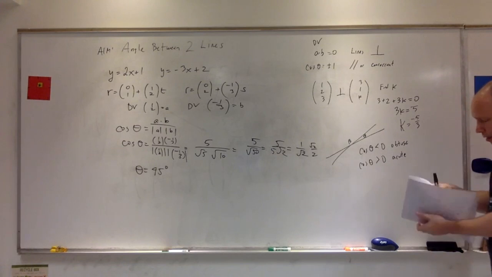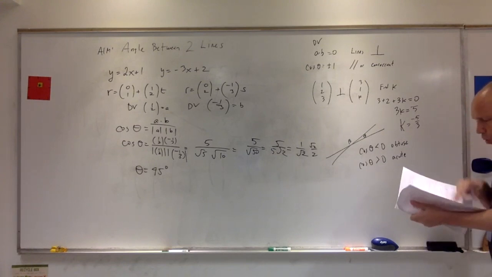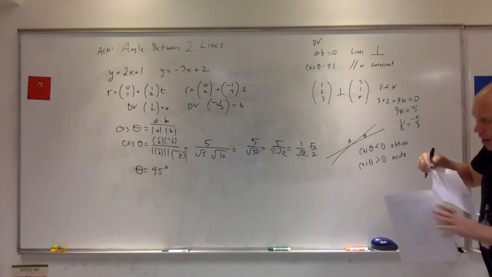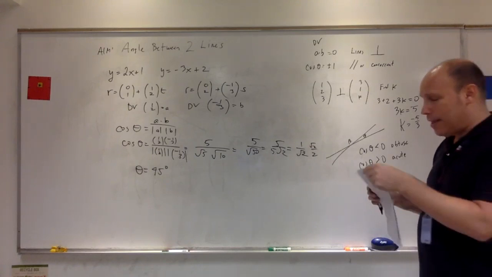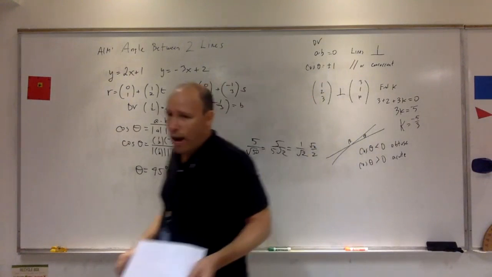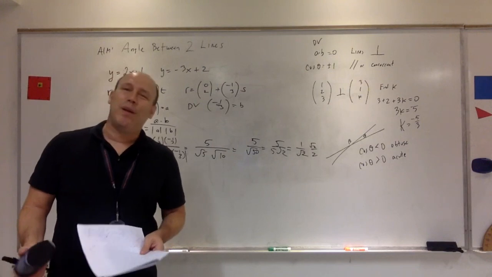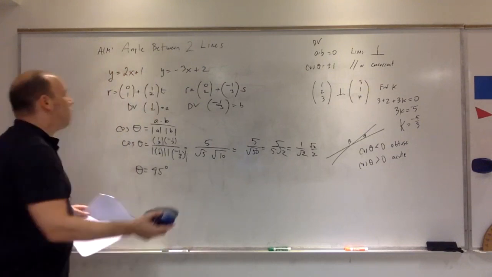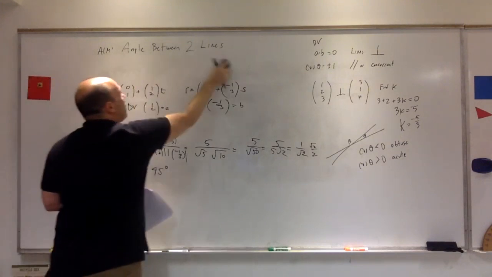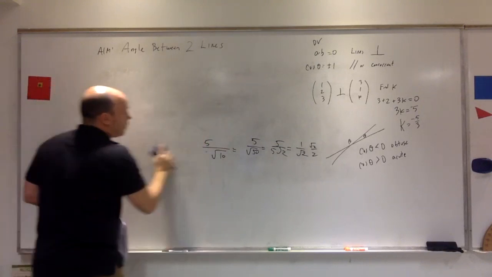Now, why is this important? It's kind of cool because we can now answer questions like this. We have a quick way to answer the question: how do you find the shortest distance between a point and a line? They're not going to say the shortest distance.